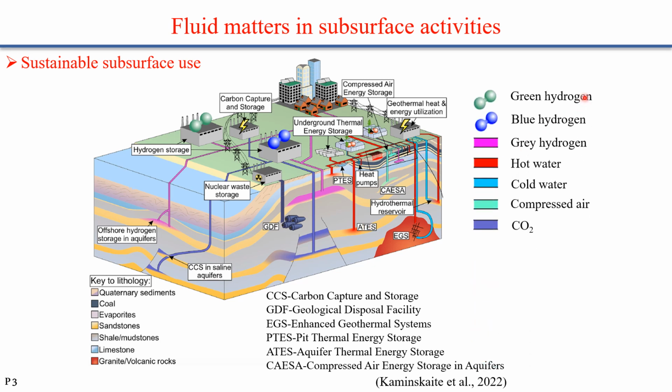Here I'm going to summarize the different types of fluid that may get involved in contemporary subsurface activities, including different types of hydrogen, water at different temperatures, compressed air, as well as CO2. Just for information, there are different types of hydrogen which are classified based on what kind of fuel it takes to produce it and whether or not carbon is captured.